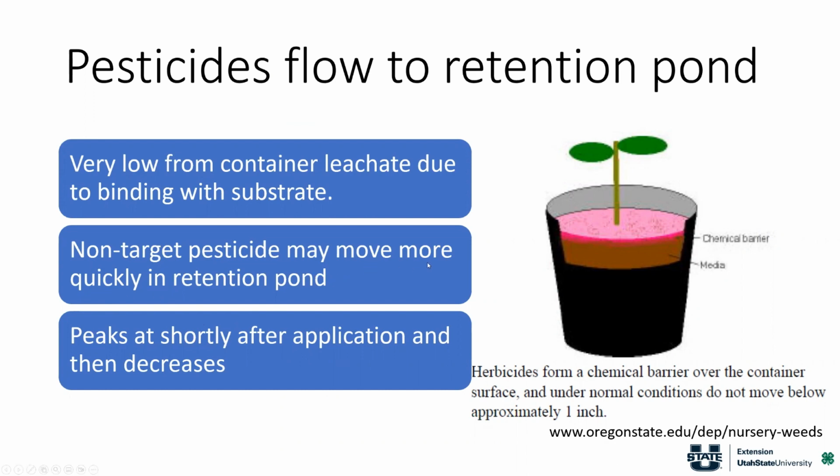When we have containers in the nursery, they are spaced apart, right? So when we make a blanket application, most of the pesticide or water lands on non-target places, not in the container, but in that soil or in the landscape fabric. And when we irrigate, those pesticides are most likely to move with the water to the retention pond.